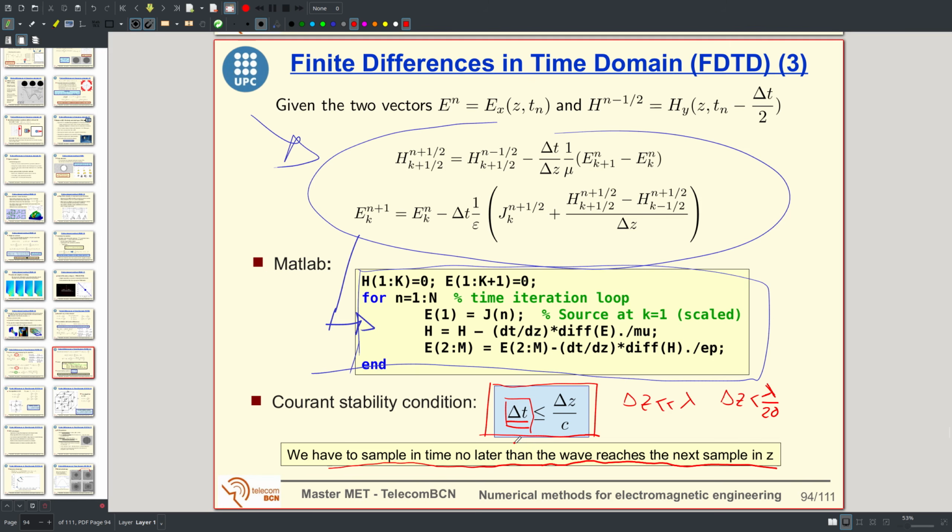Very often we choose just the equal condition because this is enough. There is no need to sample at a smaller time step. This is enough and it works. So the fewer samples in time, the faster the computation.